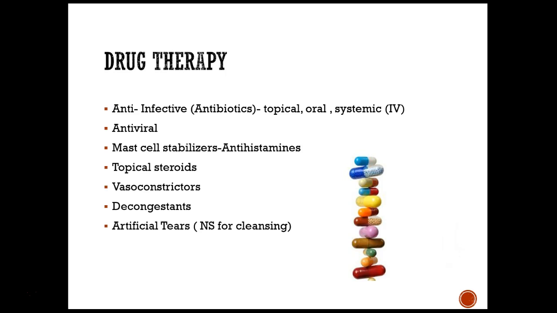For gonorrhea, if we have a mom who has gonorrhea and the baby has been exposed to that, Rocephin is the drug of choice there. And for chlamydia, an oral erythromycin or a tetracycline is normally used.